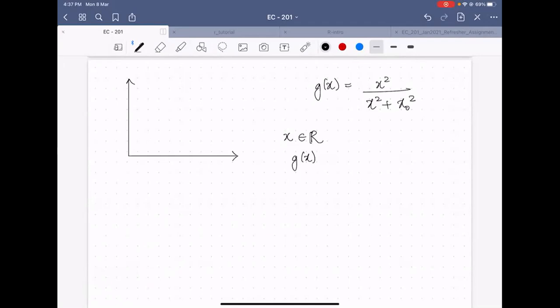I think whenever you see x square or square of a lot of things, it should be very clear that it would be a positive number. Okay, so I know that my g(x) would be greater than 0. What else can you look at? It's kind of similar to the previous question. This function is also tending to 1 as the value of x increases. Exactly.